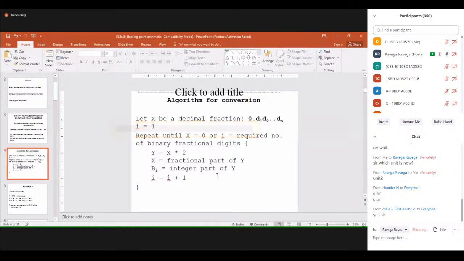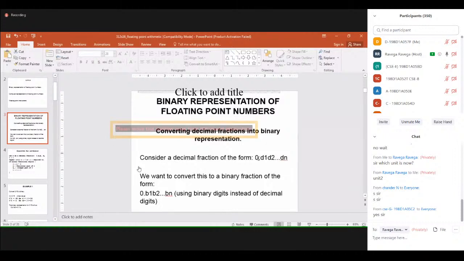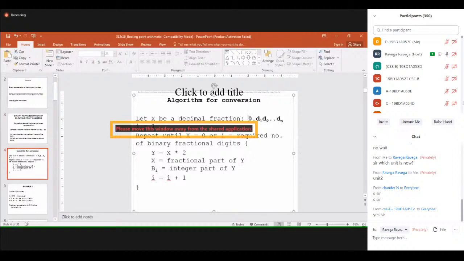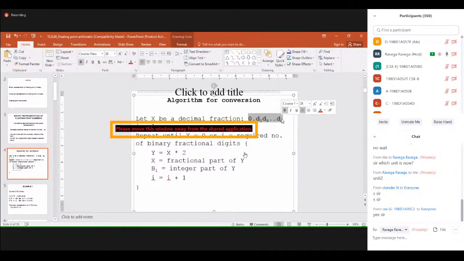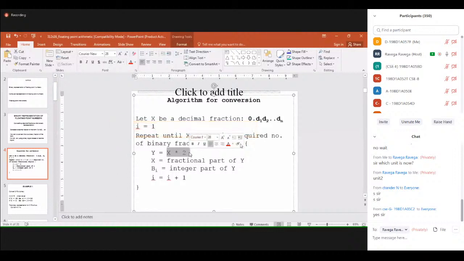Now we are going for an algorithm. You are taking the decimal number and converting it into a binary number. Let x be the decimal fraction 0.d1 d2 and so on to dn. You take the initial value x and multiply it with 2 because you have to convert it to binary.